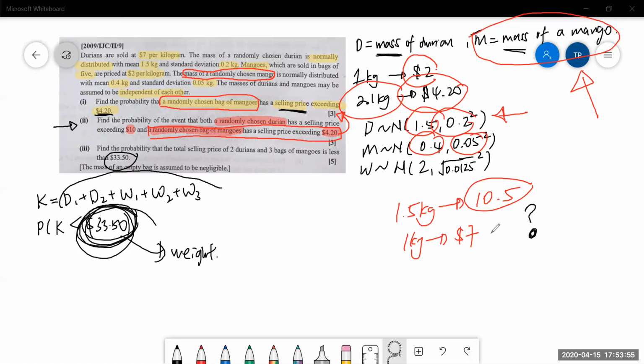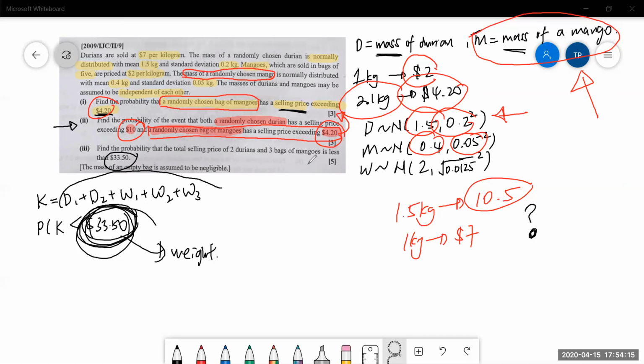Yeah. For the first two parts, it was still possible to convert the dollars to kg.